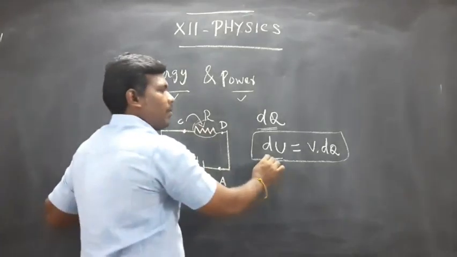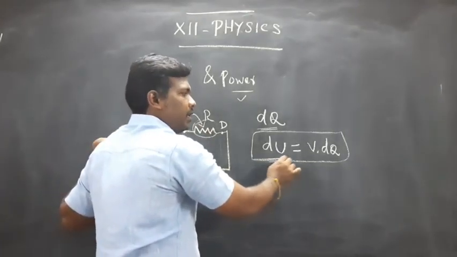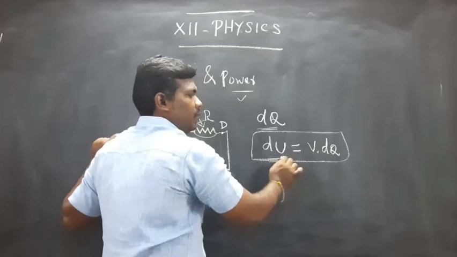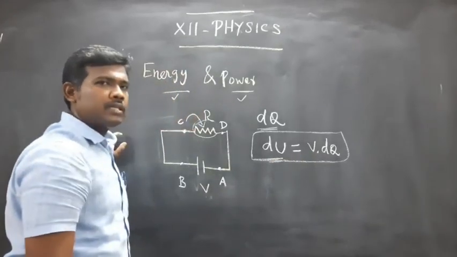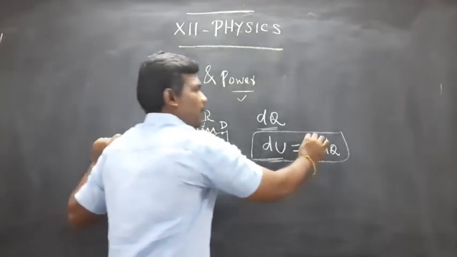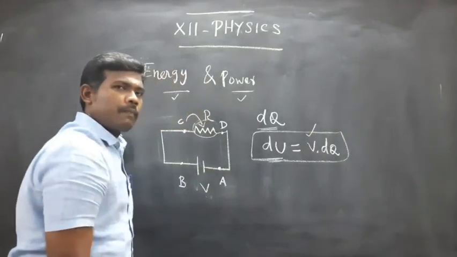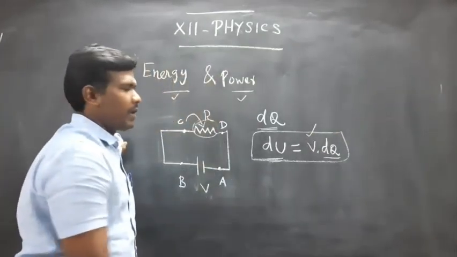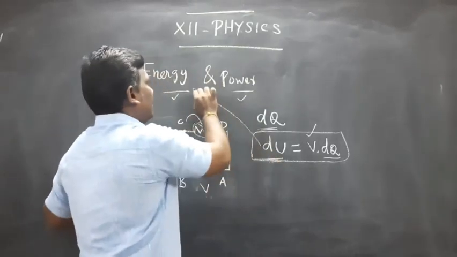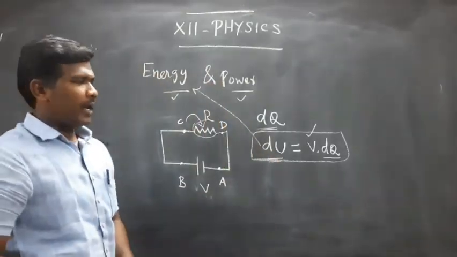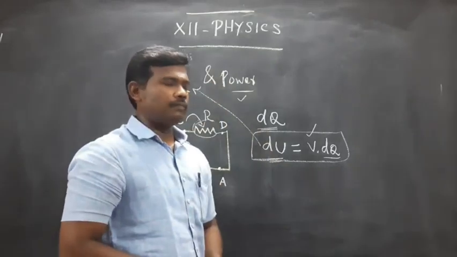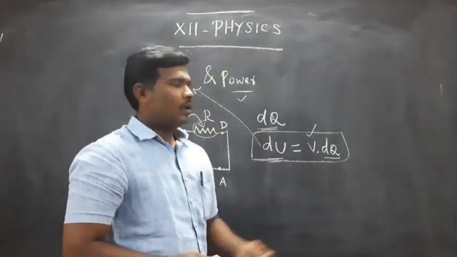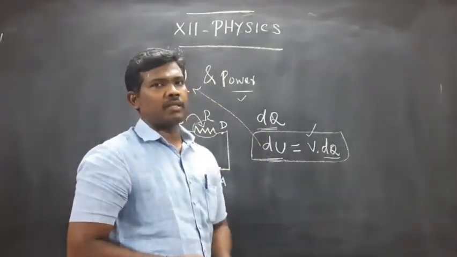So this is the formula to calculate the energy: dU is equal to V into dQ. V is the potential difference and dQ is the amount of charge. So energy is nothing but the product of potential difference and charge.